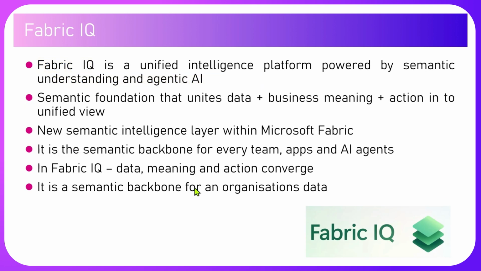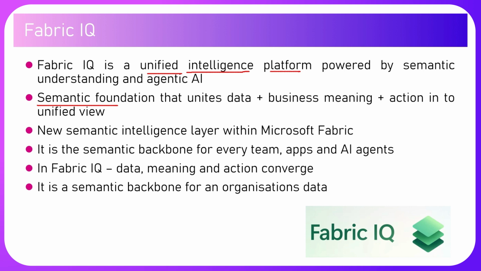Coming to Fabric IQ, it is a unified intelligence platform powered by semantic understanding and agentic AI. So this keyword is important: unified intelligence platform. The semantic foundation is basically all about providing meaningful data.